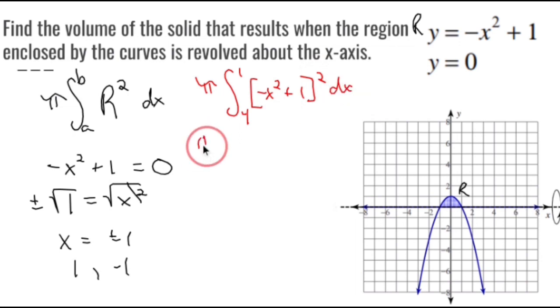Before I can even begin, I need to square that guy. So this is not as simple as squaring both numbers. This is a perfect square trinomial. So this gives me x to the 4th, negative 2x squared, and positive 1.